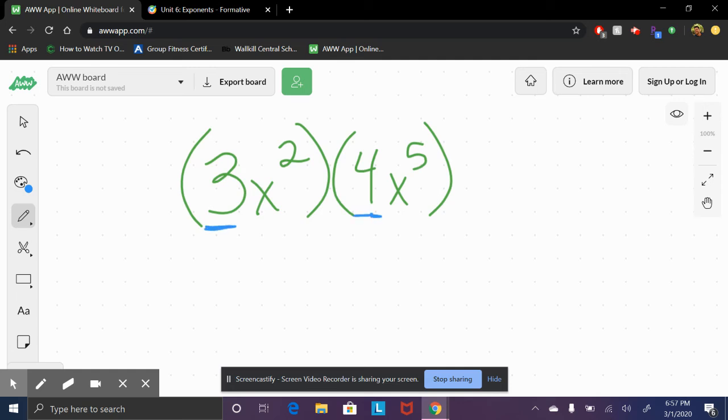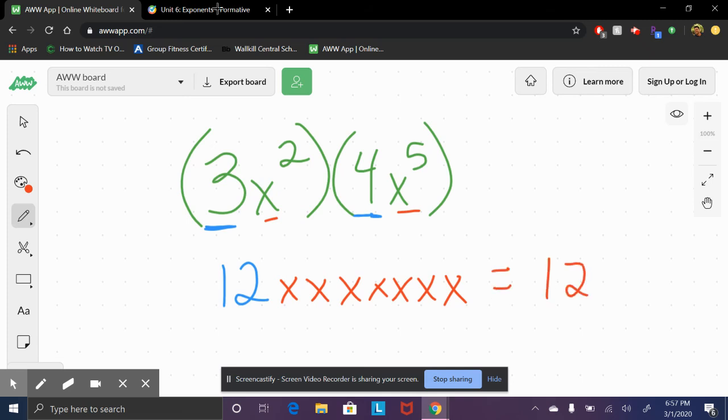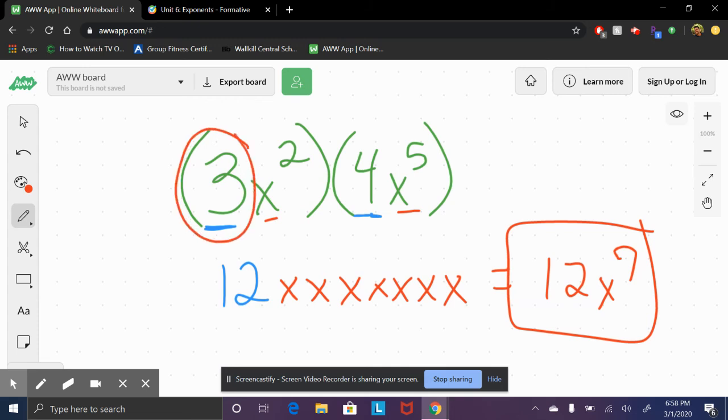The numbers out in front, 3 times 4. You multiply those out and you get 12. And then you count the number of x's. All right, so there's 2 here. So we have x, x, 5 here. 1, 2, 3, 4, 5. And you get a total of 12x to the 7th. So with these problems, you multiply the numbers out in front, keep the base, keep the x, and add the exponents.